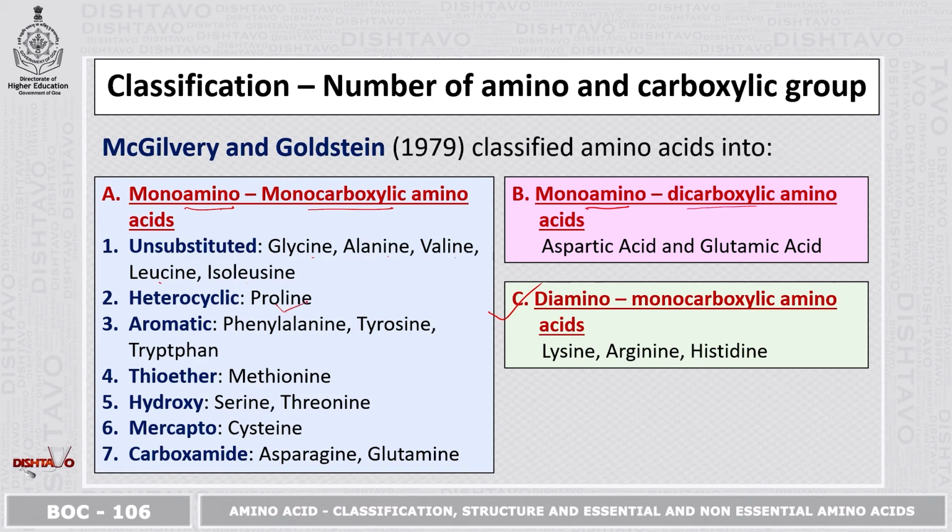Heterocyclic, we have proline. Aromatic, we have phenylalanine, tyrosine, tryptophan. Thioether, we have methionine. The hydroxy, we have serine and threonine. Then mercapto, we have cysteine, and carboxyamide, we have asparagine and glutamine. Under monoamino dicarboxylic acid, we have aspartic acid and glutamic acid. And under the last category, diamino monocarboxylic amino acid, we have lysine, arginine and histidine.